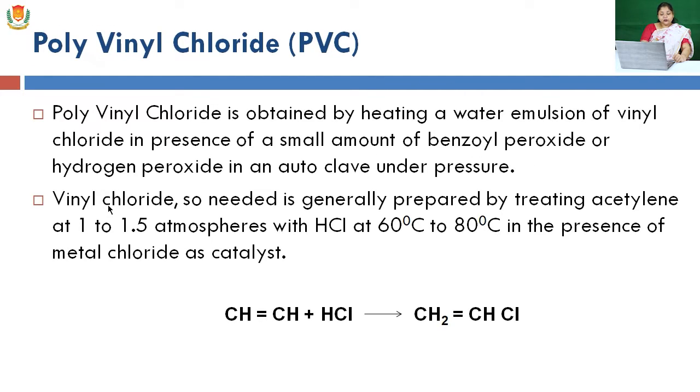Now, polyvinyl chloride. Polyvinyl chloride is another important polymer. It is obtained by heating a water emulsion of vinyl chloride in presence of a small amount of benzoyl peroxide or hydrogen peroxide.